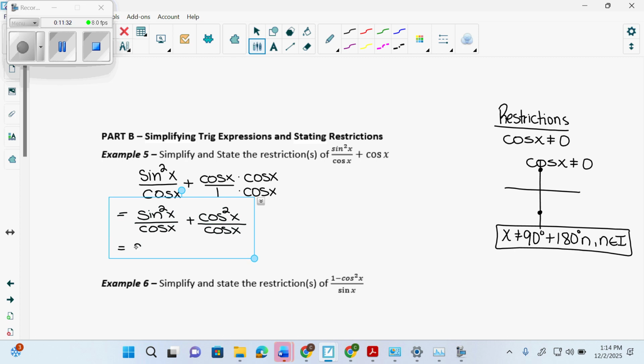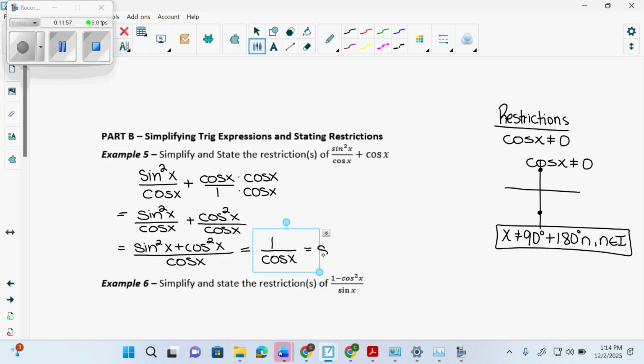Which equals sine squared x plus cos squared x over cos times cos. I didn't rationalize the denominator, I made a common denominator. Sine squared x plus cos squared x. What is sine squared x plus cos squared x? 1. So it's 1 over cos x. What can I write that as? Secant, someone said. You are right.